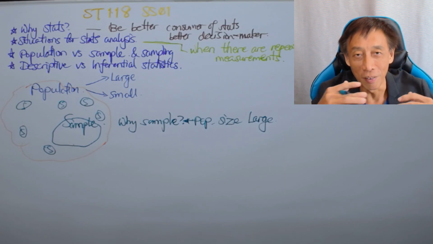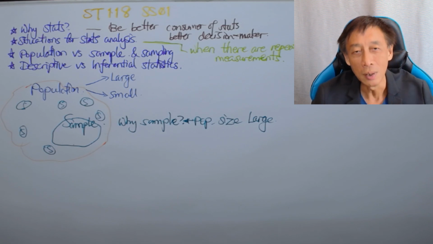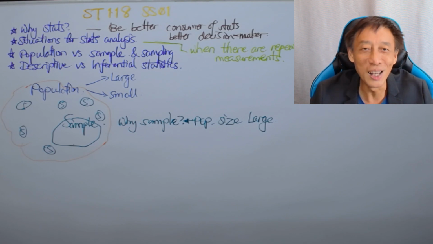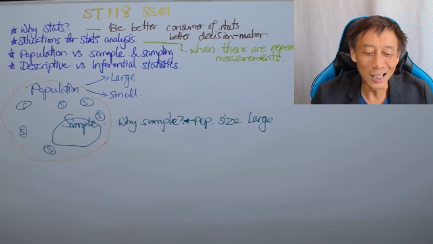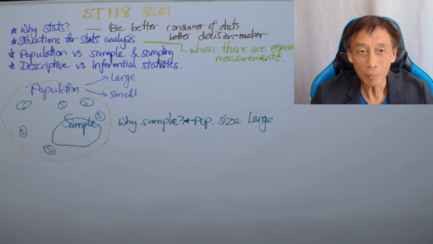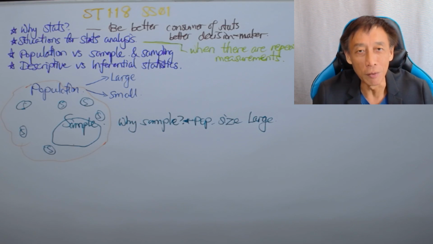Now, when you have 6.1 million Singaporeans, and if you, one person, or even a team of 5 people, a class group or project group, were to compute this population average of income, it's nearly impossible. Come on, you have to physically reach out to 6.1 million people.